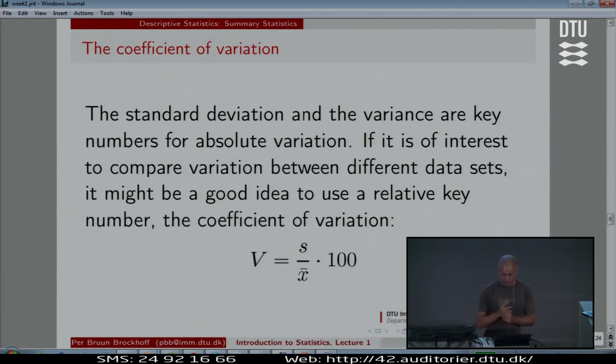One thing more here. Sometimes people combine the standard deviation and the mean to come up with a relative measure of variability. In our case, we would take the standard deviation of 8.4 and divide by the mean height and get something like 5%, roughly.